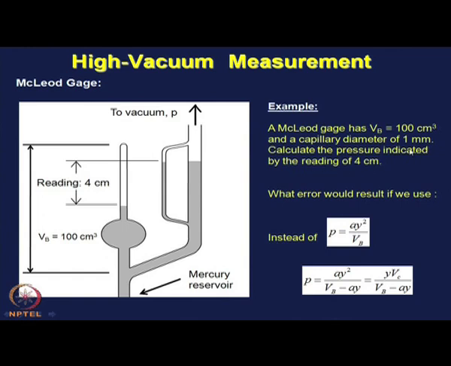We need to calculate the pressure indicated by the reading of 4 centimeter. So, this is the 0 on the reference scale. When this shows 4 centimeter, we want to know how much pressure is indicated by the gauge.